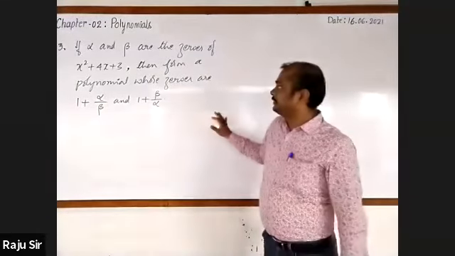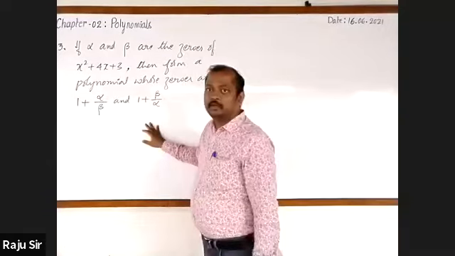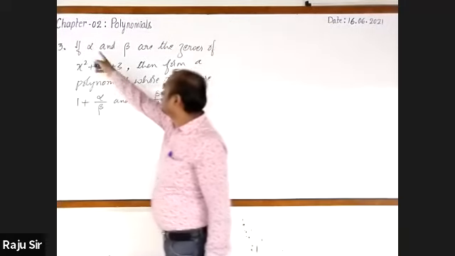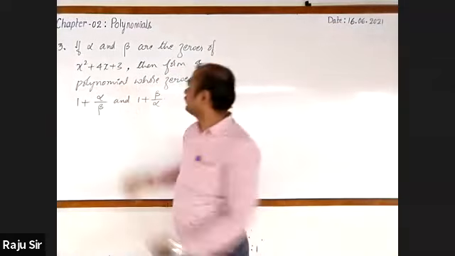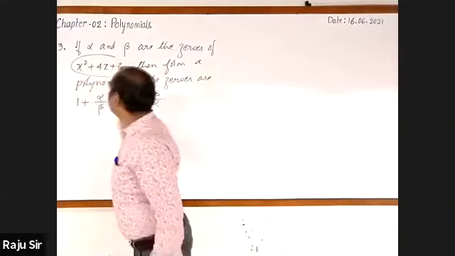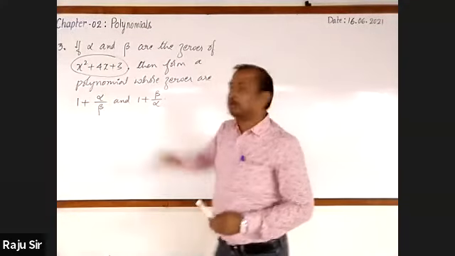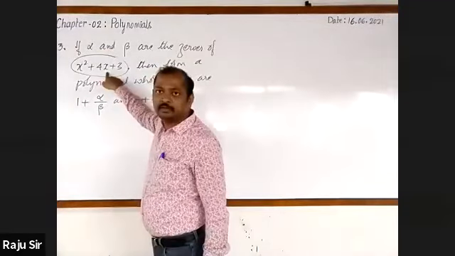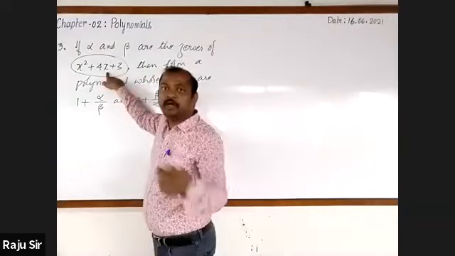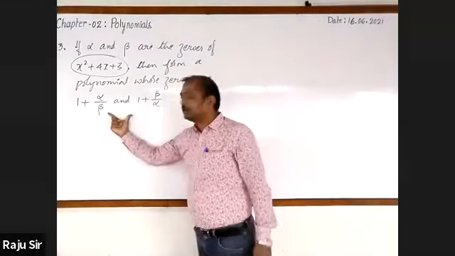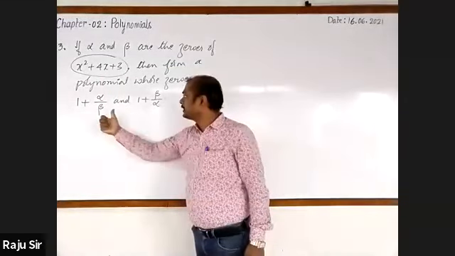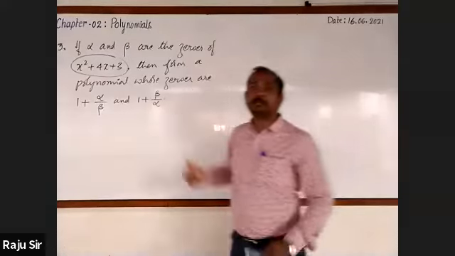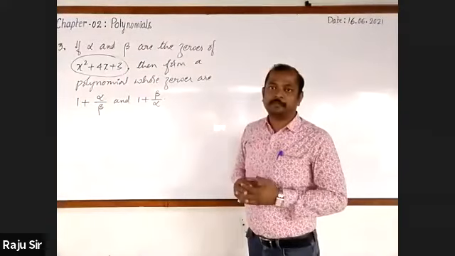Please observe here. Here they have given alpha and beta are the zeros of the polynomial x square plus 4x plus 3. With respect to these zeros, this is the polynomial. And you are going to find a new polynomial for these two zeros, that is 1 plus alpha by beta and 1 plus beta by alpha.